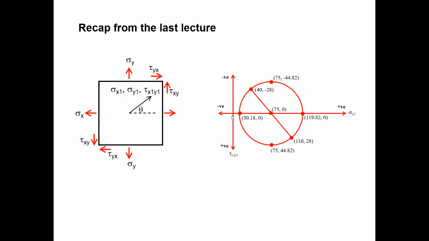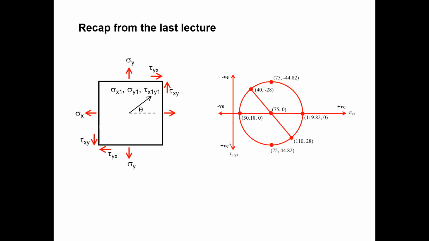And there is an important thing: when you select the positive shear stress in the Y direction, it should be downward. So that is a main important thing you need to keep in mind. Otherwise, when you select the rotating angle, if it is a clockwise direction, you need to draw here in the anti-clockwise direction if you select upward.